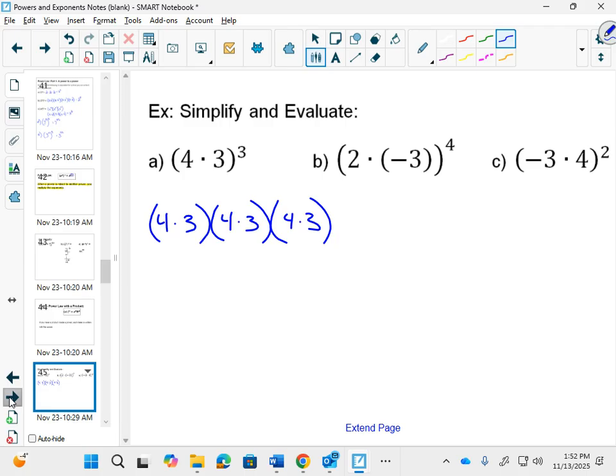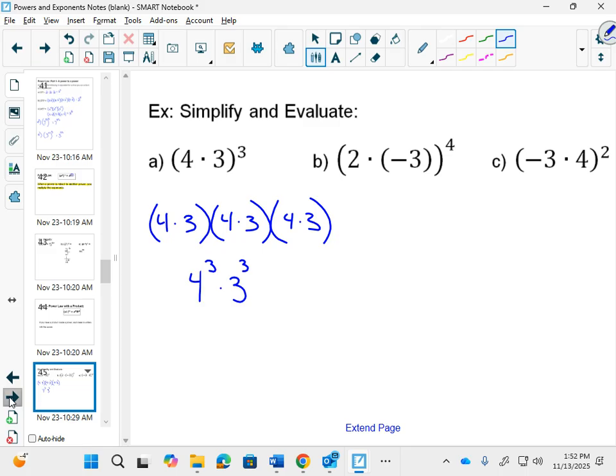First of all, you could think of it like this. The cube means repeated multiplication. So if I think of it this way, do you see that you have a 4 three times, and you have a 3 three times? So you could think of it like that.